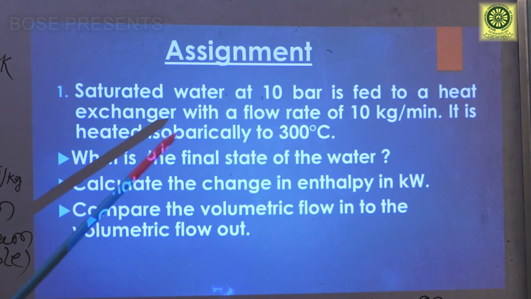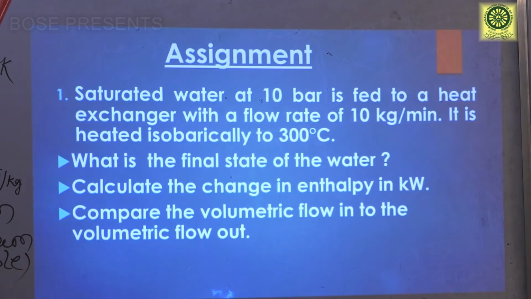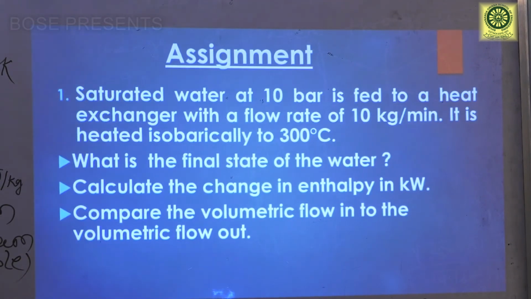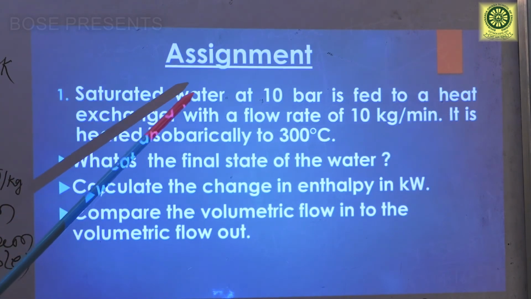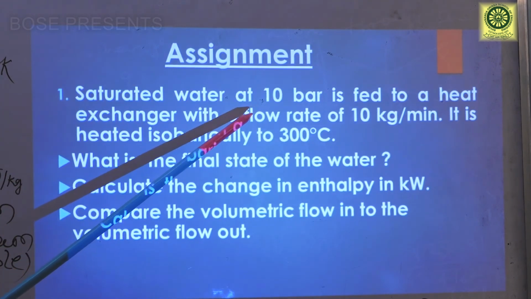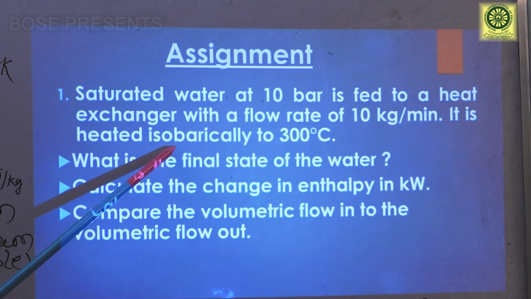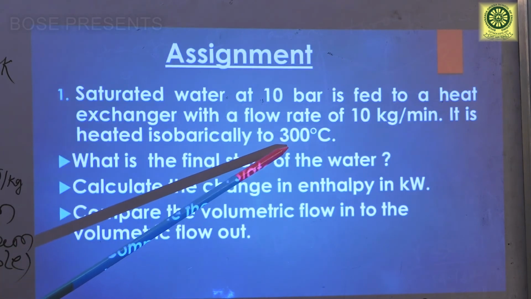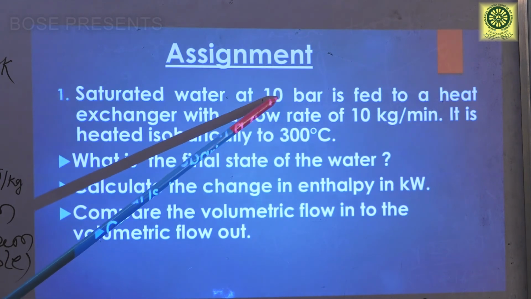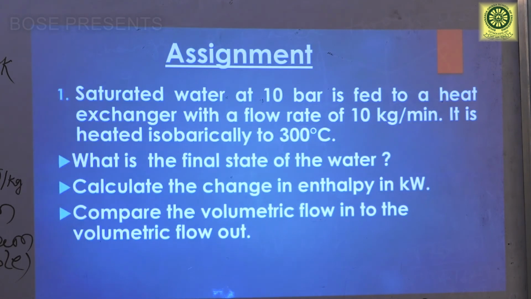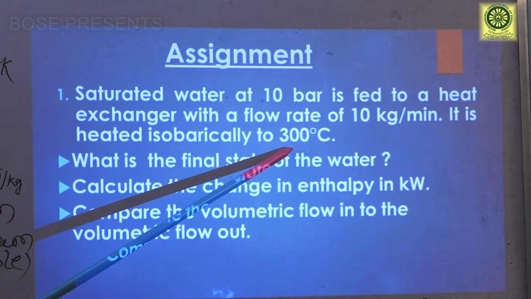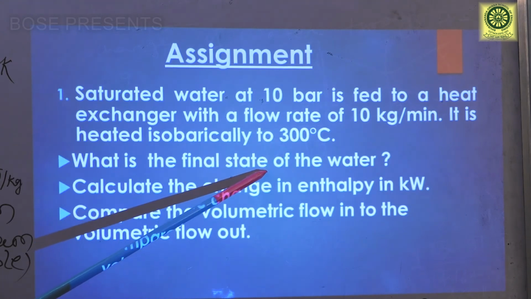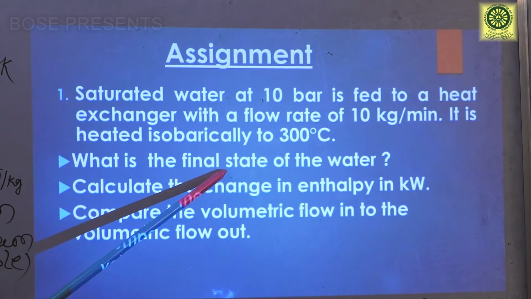So just try to apply the concept I have told you before. Saturated water means F terms, so you find the values related to the F terms. Then it is isobaric to 300 degrees centigrade. Find out for 10 bar pressure what its saturation temperature is. Here I have written the saturation temperature is 179.9 degrees, and here the temperature is 300 degrees centigrade. It is clearly showing that it is in superheated condition. So the final state will be superheated.